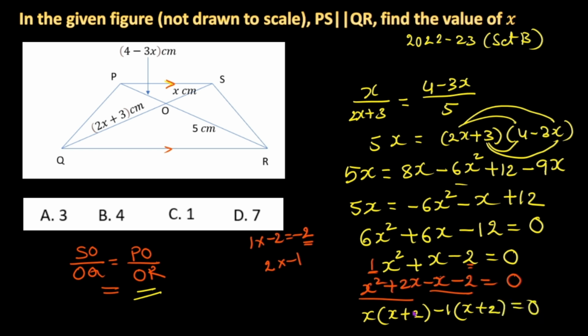Taking X plus 2 common, we get X plus 2 times X minus 1 equals 0.